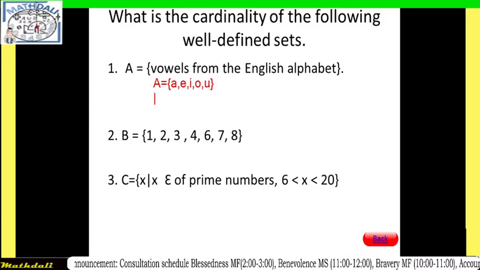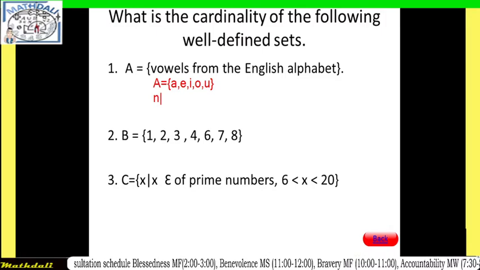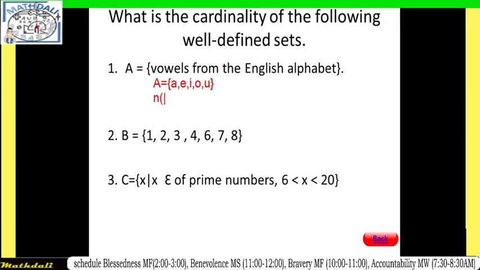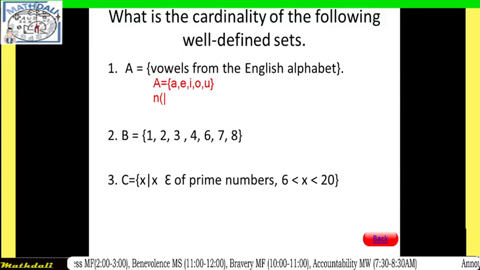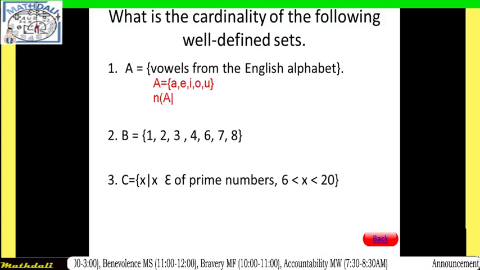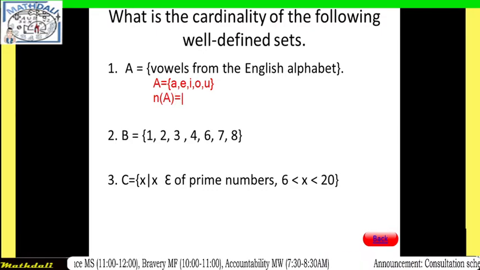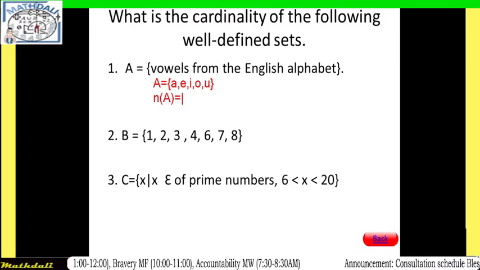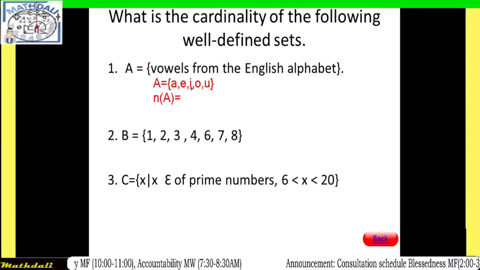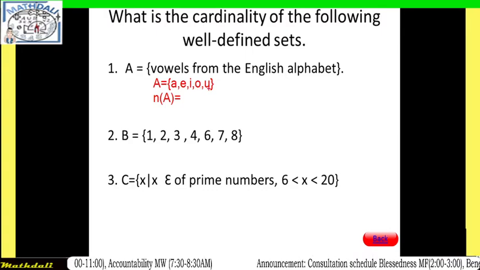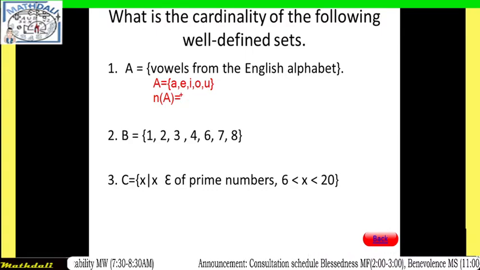This time we're going to count the number of elements. Ilang element ba meron yung set A? Ilan ba yung object? Ilan yung nasa loob ng brace? Bibilangin po natin. Yan yung ating cardinal number of set A. So that is, we have A, E, then we have I, then we have O, then we have U. So we have 5 elements.